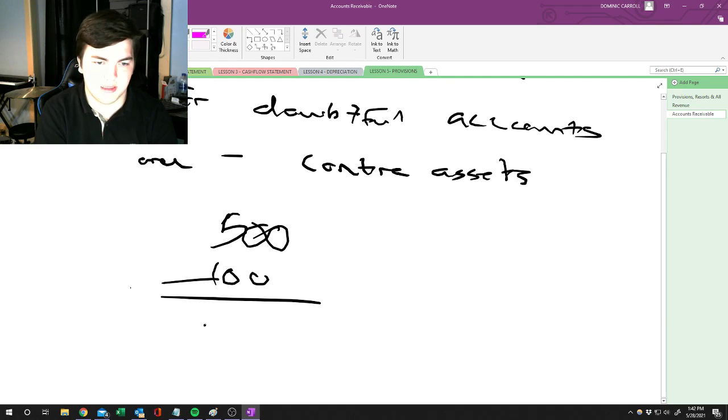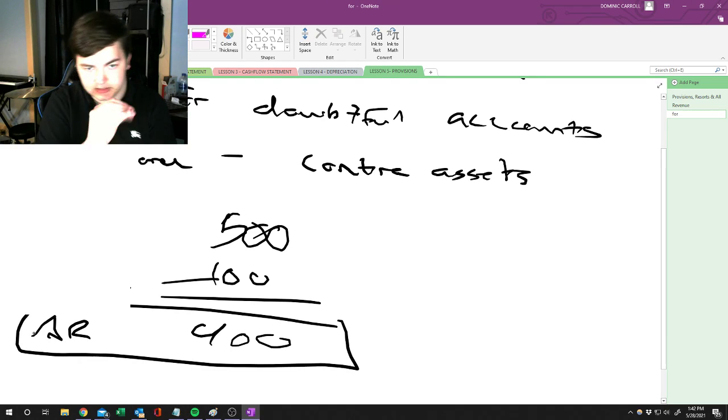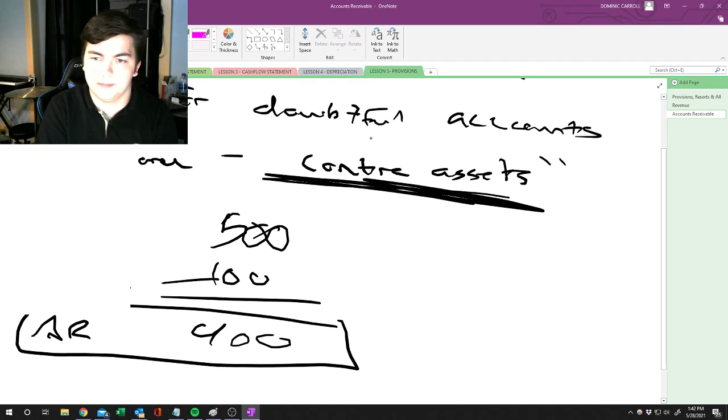You would subtract these, and then your net accounts receivable would be 400 on the asset section of the balance sheet. So that's what a contra asset is, and that's what our allowance for doubtful accounts is.